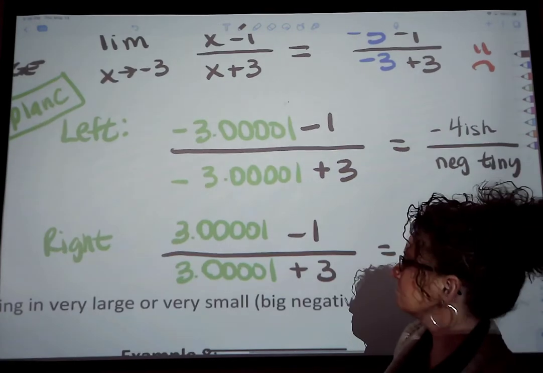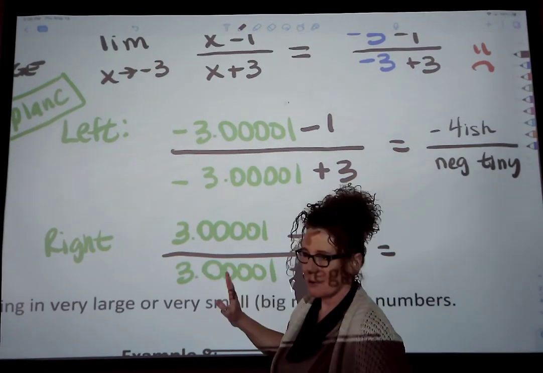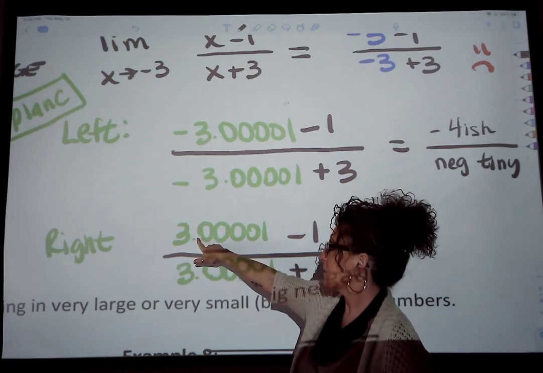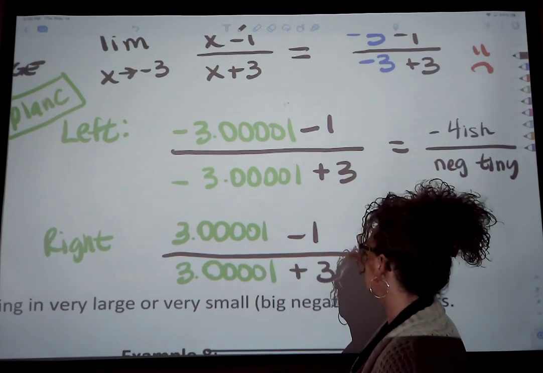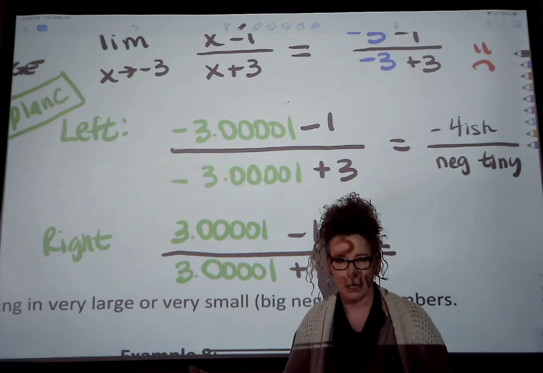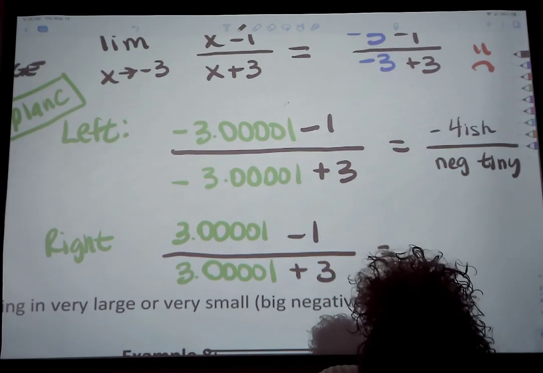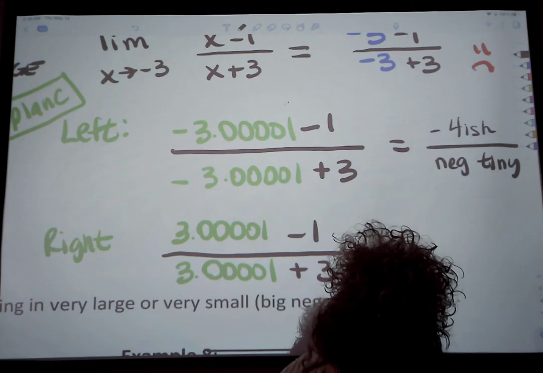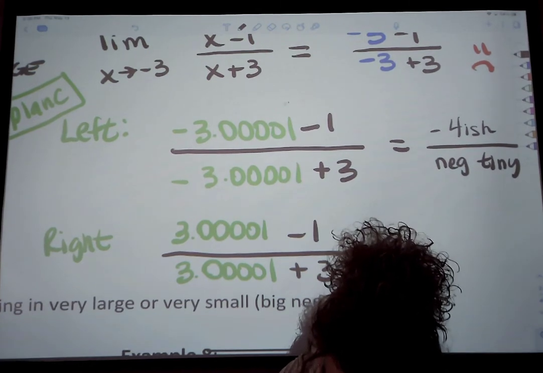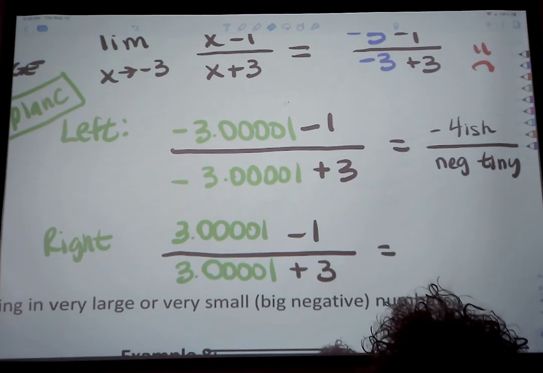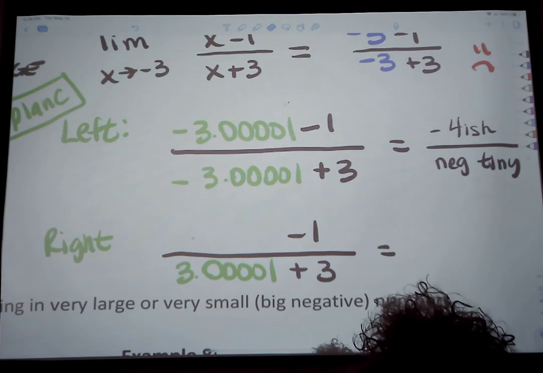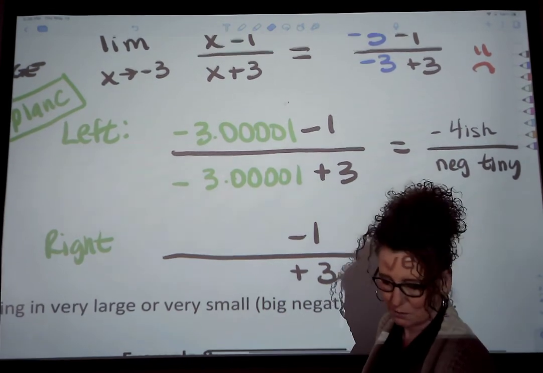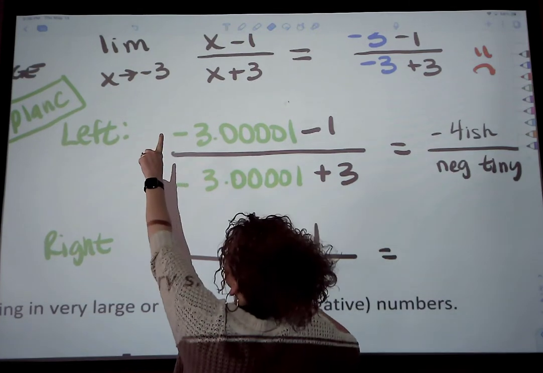Let's try from the right. Again, sub in a number, no calculator, just think about it. A number just bigger than 3, and I'm going to subtract 1, I'm going to get a number just bigger than 2, right? Hang on, that's silly. I subbed in the wrong thing. What was I thinking? Negative 3, negative 3.